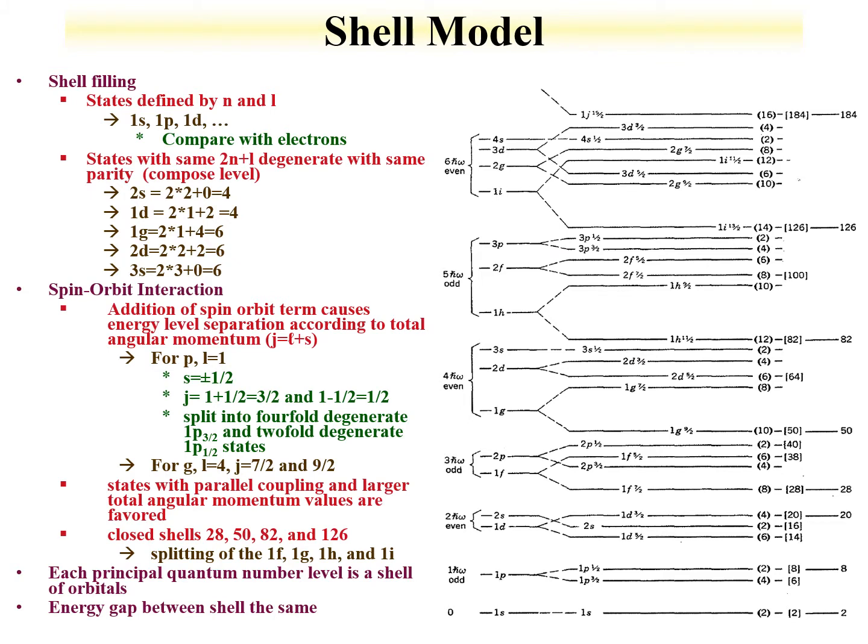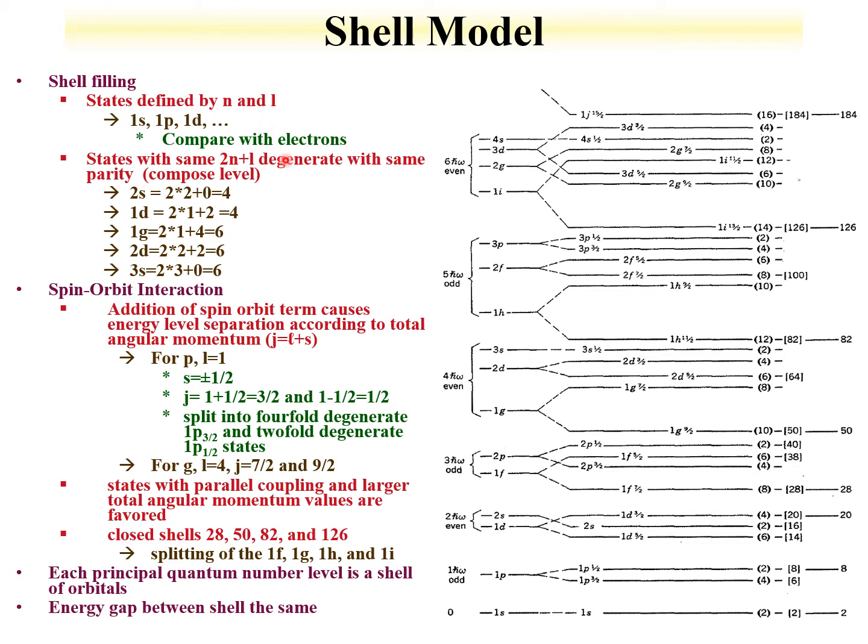The shell levels are filled based upon their relative energies, and we can define the states by two quantum numbers, n and l, n being a principal quantum number, l being angular momentum. And unlike electrons, nuclear states can have a 1p, a 1d, a 1f, a 1g. So there's a variation in behavior of the shell model with the electron model.